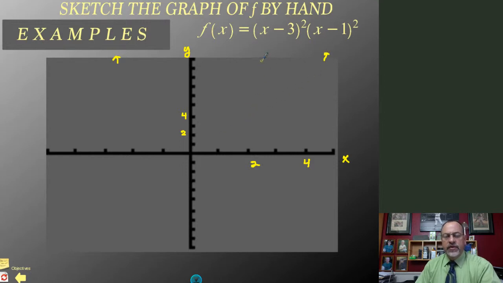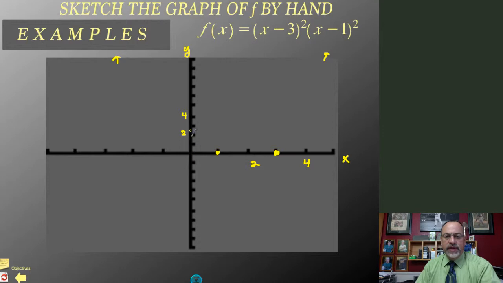The next thing I want to do is graph the intercepts. So I have an intercept at 3 because that's what makes that 0, and I have an intercept at 1 because that's what makes that 0. Now remember, the multiplicity determines whether it's going to cross here or touch here. Now there's one other value that you can figure out, and that is the y-intercept, if you want, just to get an idea of where it's going to cross the y-axis.